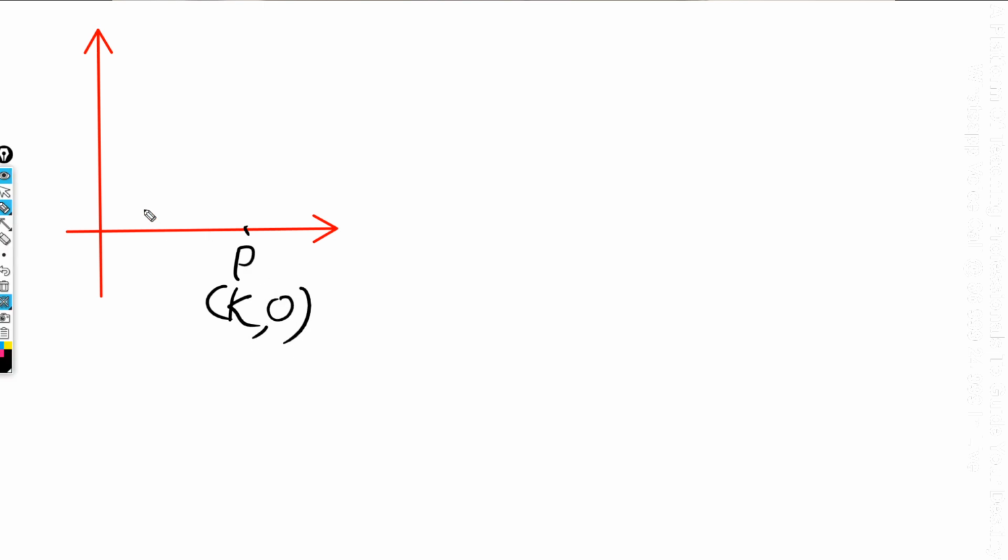Here you have to find out a point on x-axis. This is y-axis. And there is a point on x-axis which is P. We don't know. Let it be whatever, k comma 0 or x comma 0. K comma 0.